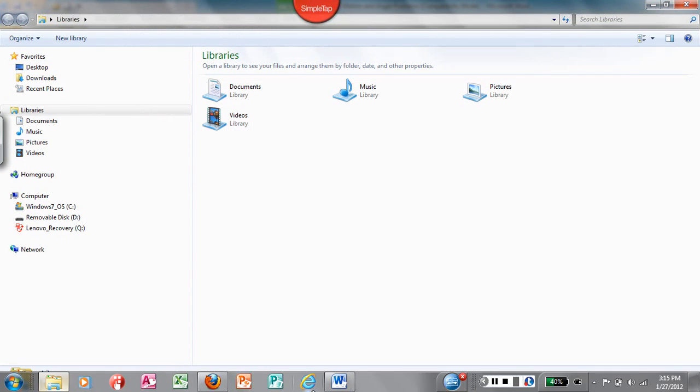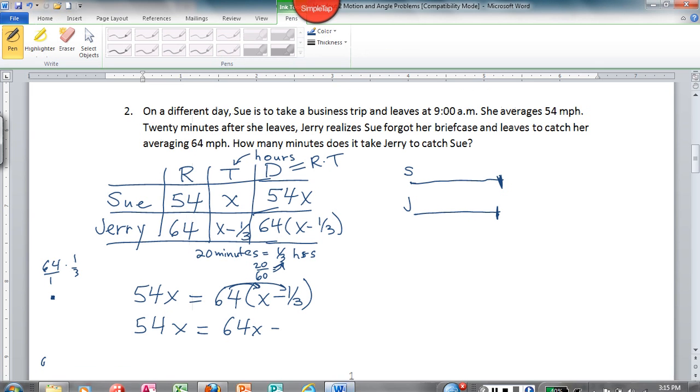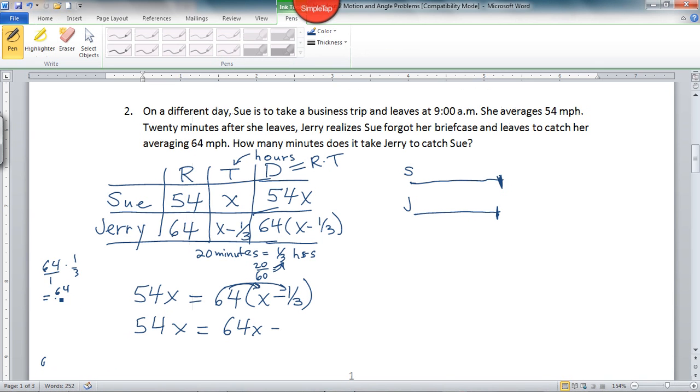So that's going to be 64 over 3. 64 divided by 3, I guess you could round off if you wanted to, but it's 21.3 repeating.